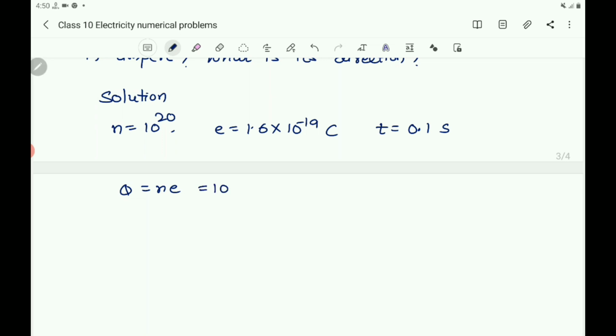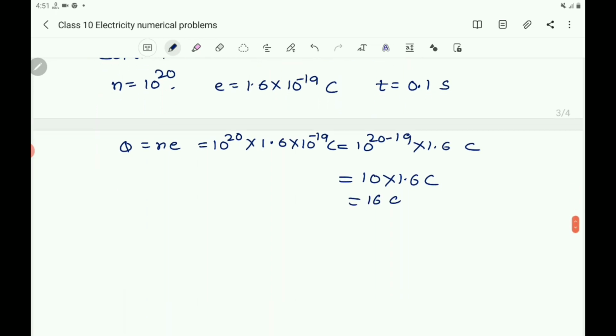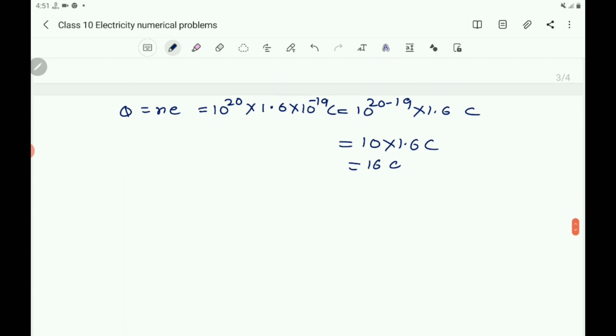So it becomes 10 power 20 into 1.6 into 10 power minus 19, that is 10 power 20 minus 19 into 1.6 C, which equals 10 into 1.6 C. So you got Q is equal to 16 C.